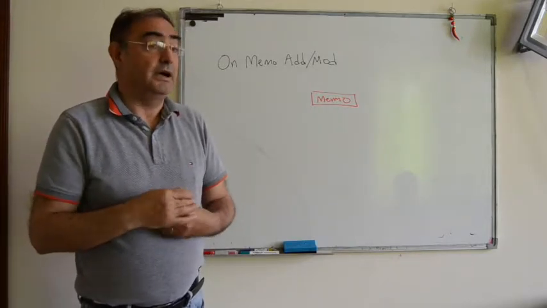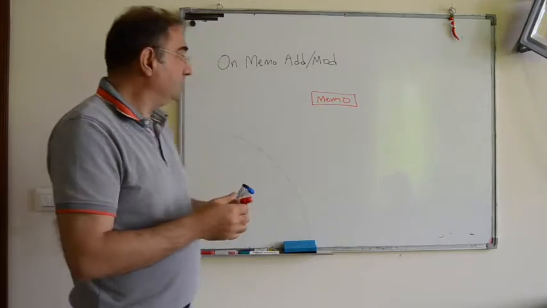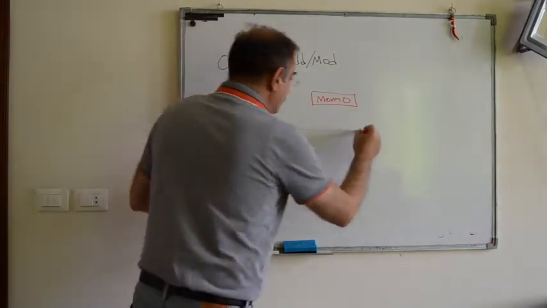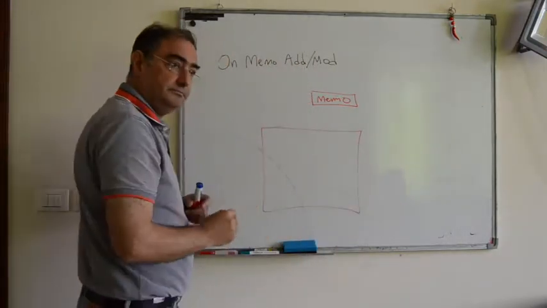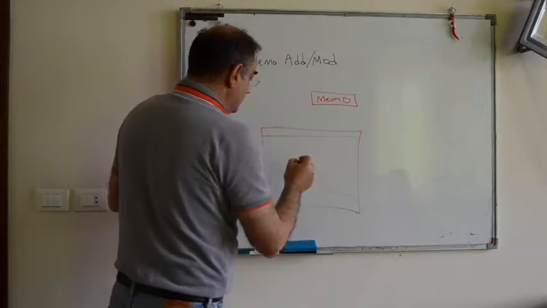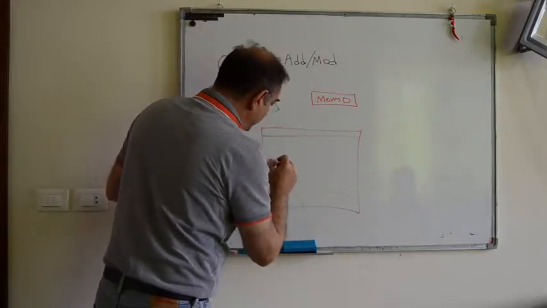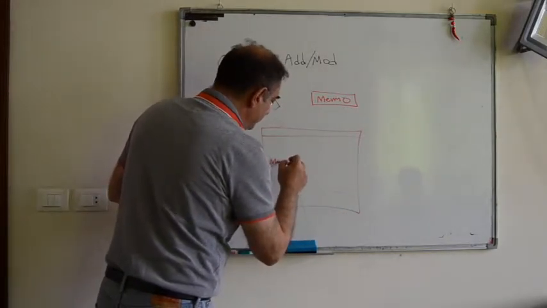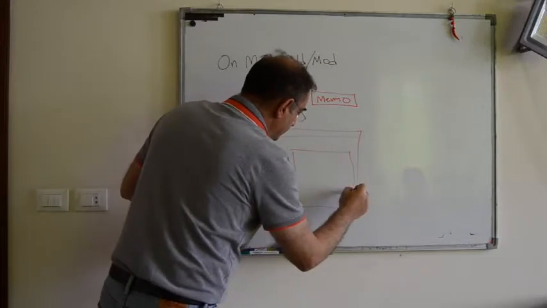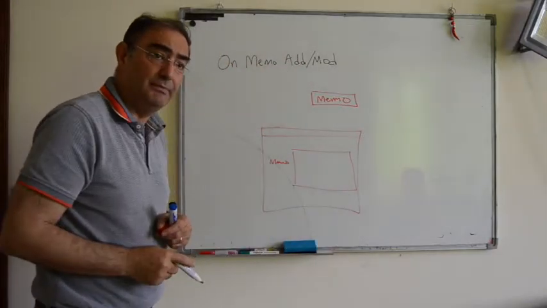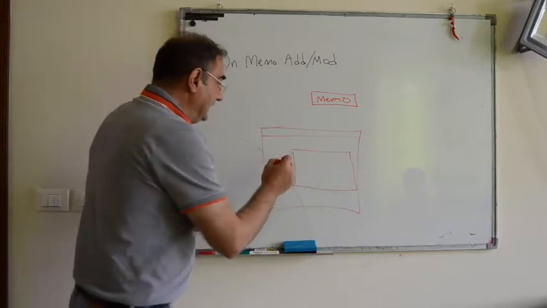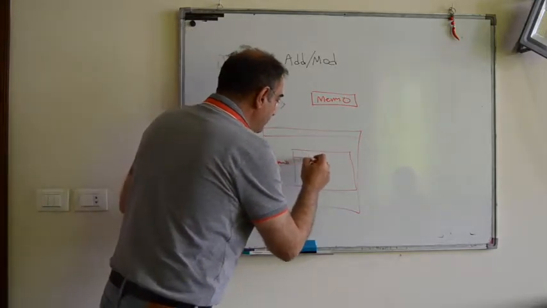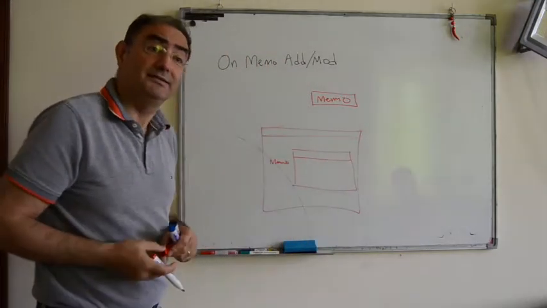Okay? Another way, remember when I show you the memo, I show the memo like this. This is the form, and that's the memo inside. I say, for example, memo, and I would allow you to edit that memo. But here on top, there is a toolbar.